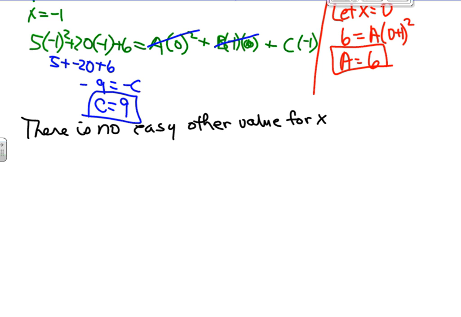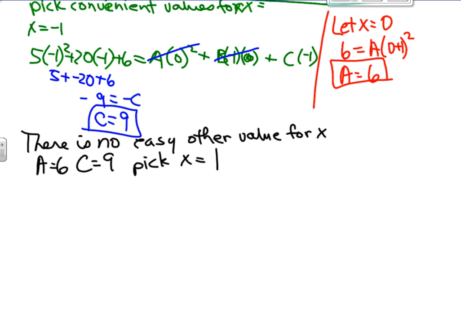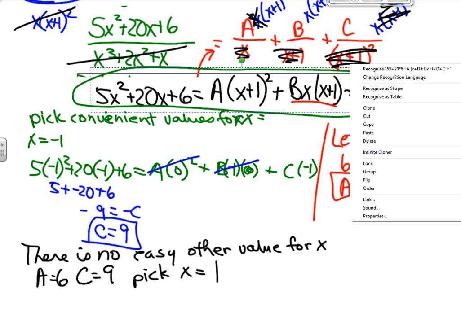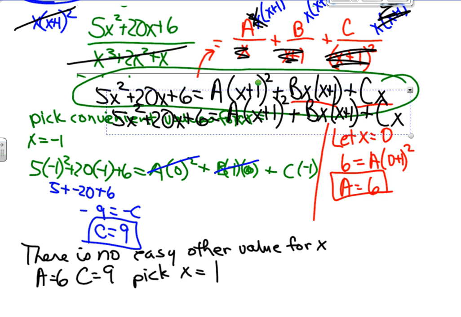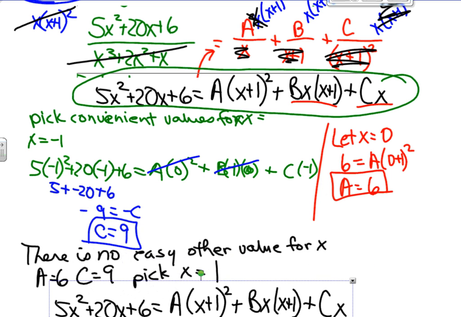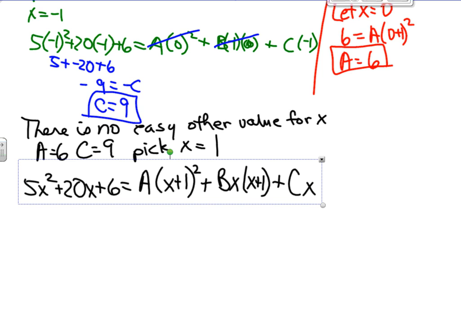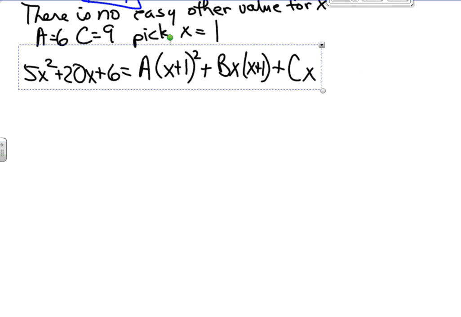But we know that a is 6, c is 9, so I'm going to just pick x equal, well, I had negative 1, I had 0, so I'll just pick x equals 1. And then I'm going back into this big long one, and I think I can just clone that and drag it down. I can tell the smart board is working hard on recording and managing as I go.